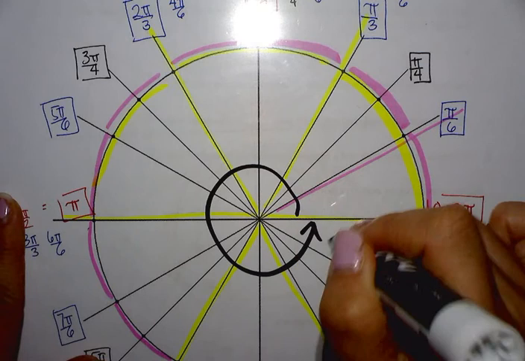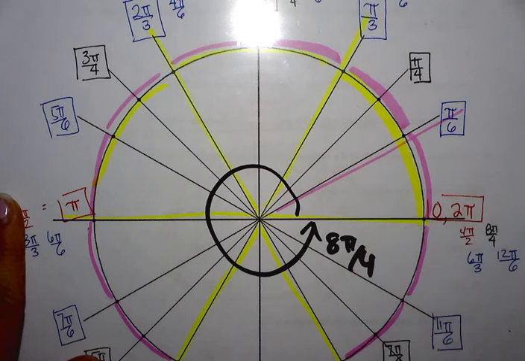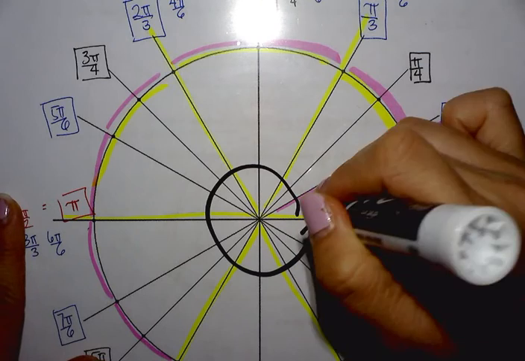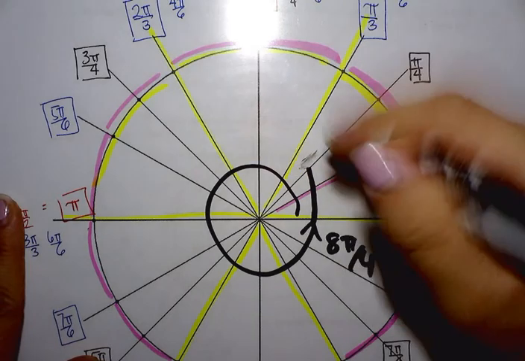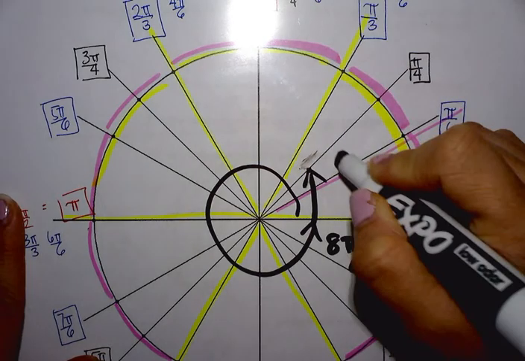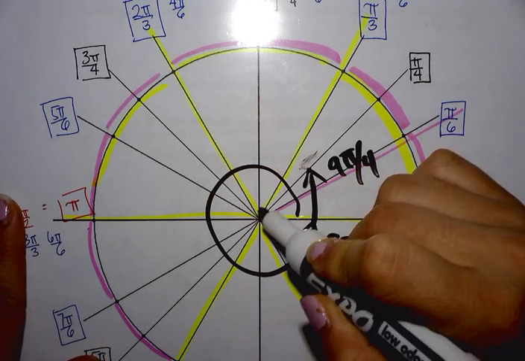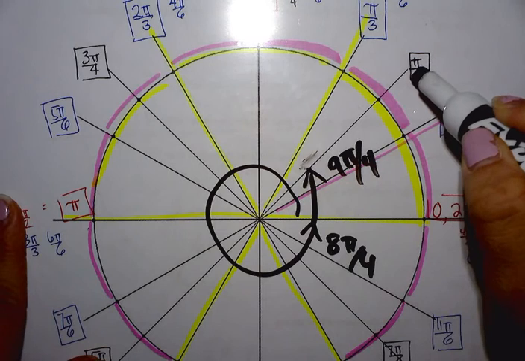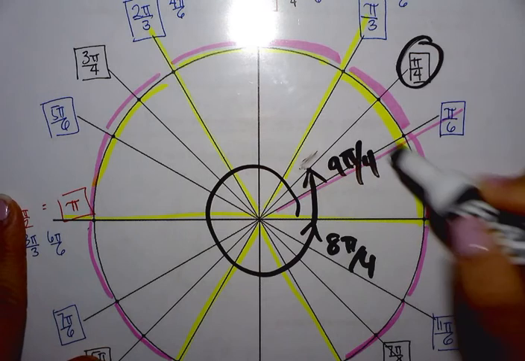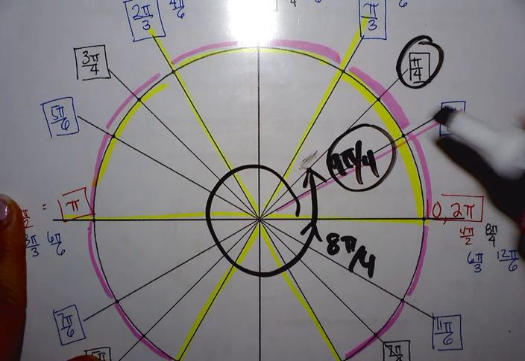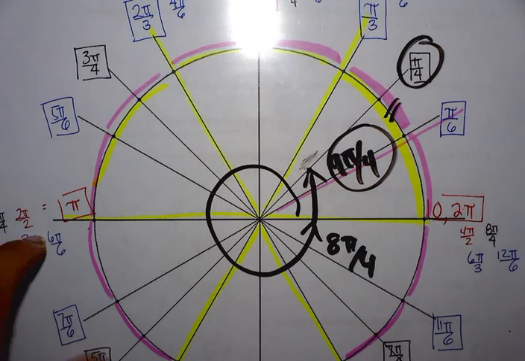So 9 pi over 4 must be right here, right? But 9 pi over 4 is in the same place as 1 pi over 4. See that? So is that the answer, pi over 4? Yeah. The answer's on the bottom, by the way.